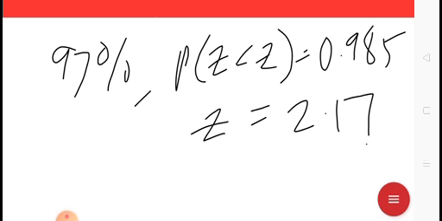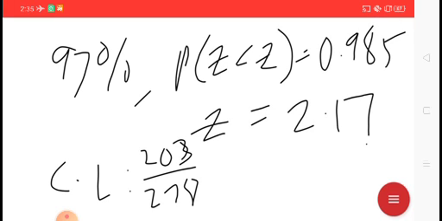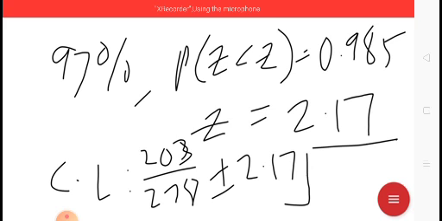So once you have this, you can form your confidence limit: P is equal to 203 over 278, plus minus 2.17, and I simplify because there is not enough space, PQ, right?